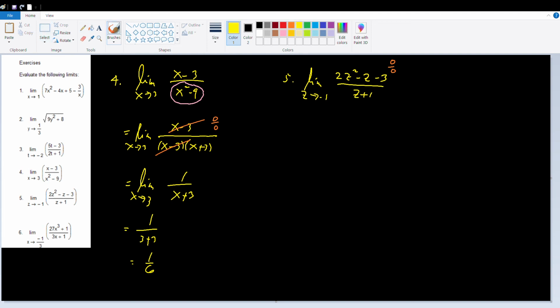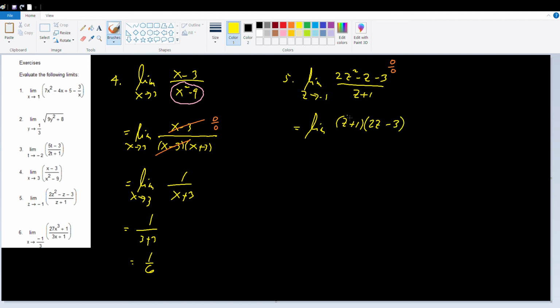So you have the indeterminate form 0 over 0 because there is already a hint here, no? That there is also a factor c plus 1 in the numerator. So you know that one of the factors in the numerator is c plus 1. So how about the other factor? That will be 2c minus 3.